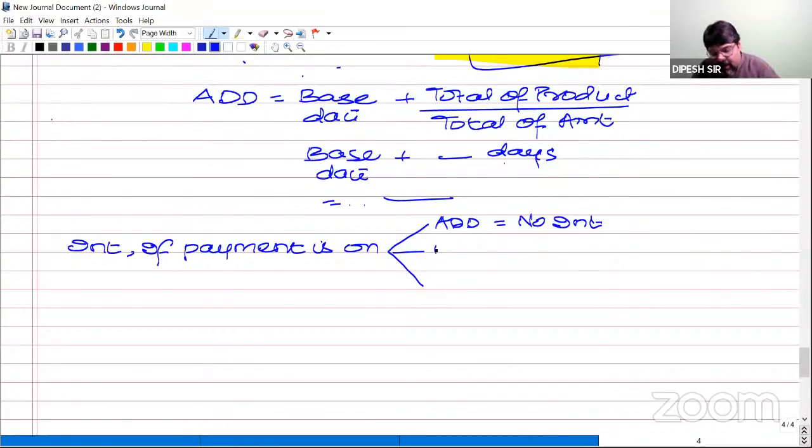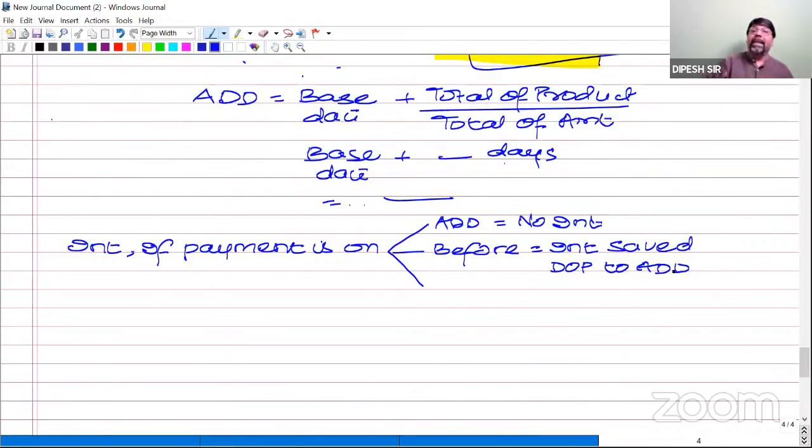If payment is before ADD, interest is saved. Interest is saved from DOP to ADD. So what is DOP? Date of payment. If you make the payment before ADD, then you will save interest. For what period? Date of payment to average due date.